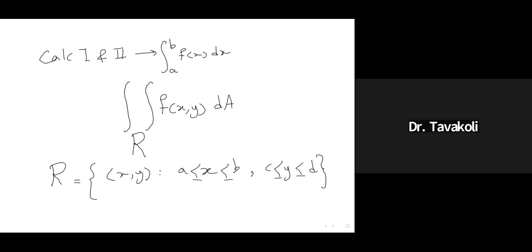You know that the graph is a surface, and if the function f of x and y is a positive function, meaning that the values are positive, then that double integral measures the volume under the surface. So that's the volume. From the top, it is bounded by the surface of the function. From the bottom, by the plane of xy. But here our focus will be on computing this double integral.